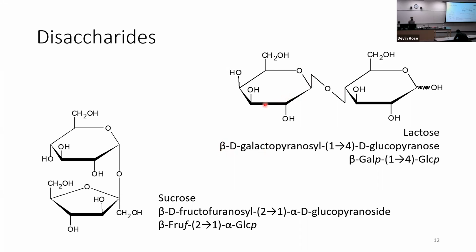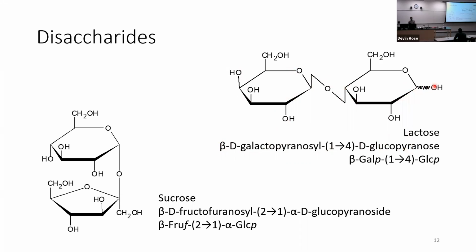And it's a 6-membered ring, so it's a pyranose. So it's beta-D-galactopyranosyl, and then the linkage here is 1,4 again. So this 1, 2, 3, 4, to the glucose unit. Also in the pyranose form.